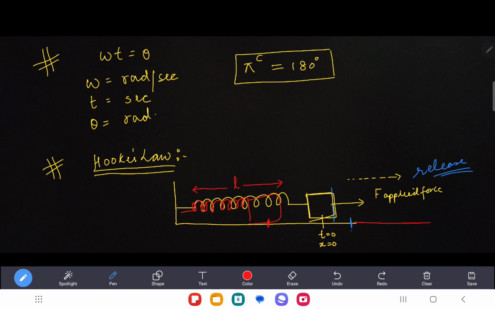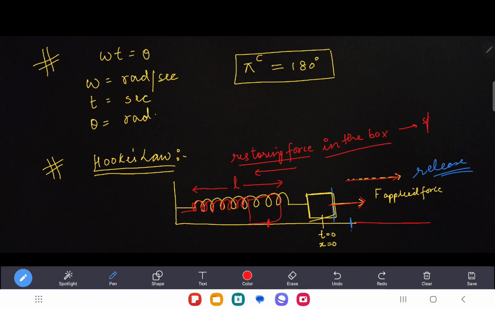Correct. So what is happening? When you pull it forward, there develops a restoring force in the box. Why?